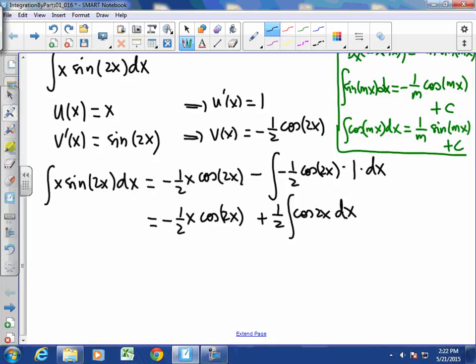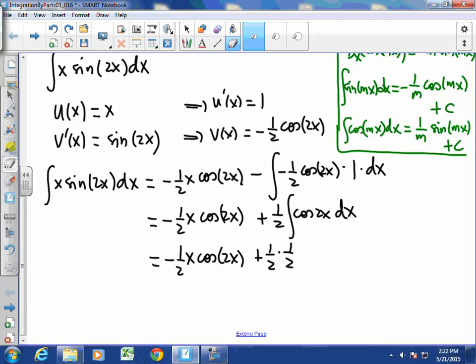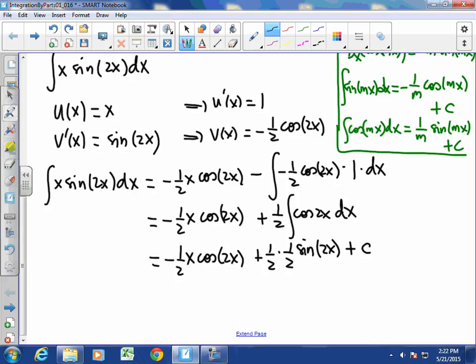So this is negative 1 over 2 x cosine of 2x plus 1 over 2 times 1 over 2 sine of 2x plus constant, if we do need it, for the integral of x sine of 2x dx.